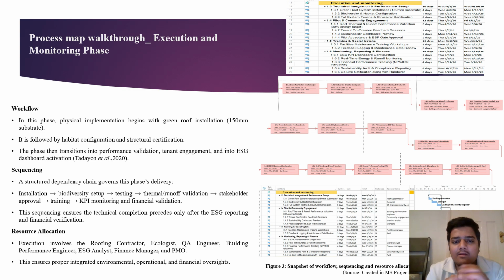My fifth slide is the execution and monitoring phase. In the execution and monitoring section, the workflow becomes more operational. Installation of the 150 green roof systems is done, followed by verification and structuring for certification.